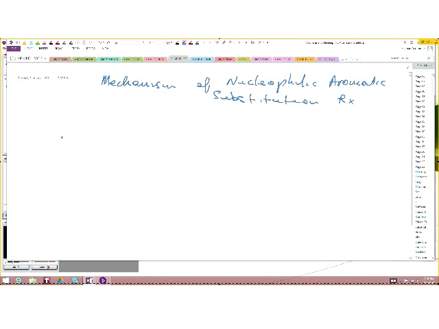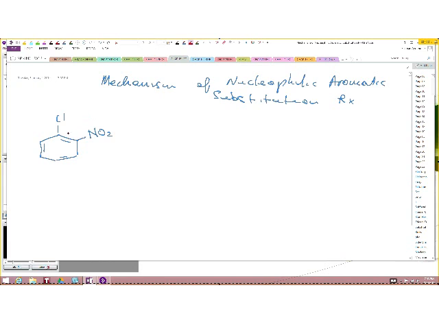What happens if you have a molecule in which you have a leaving group ortho or para to the electron withdrawing group?